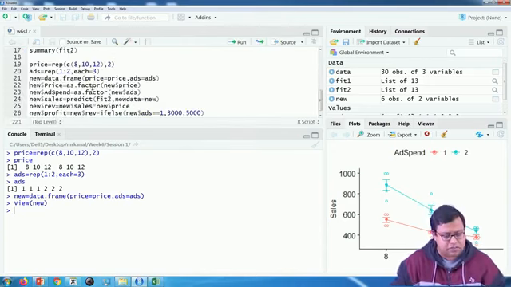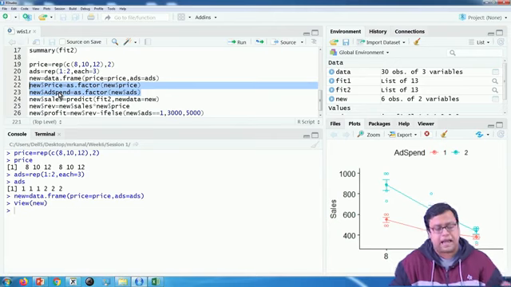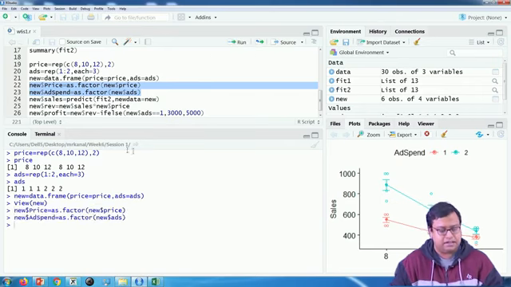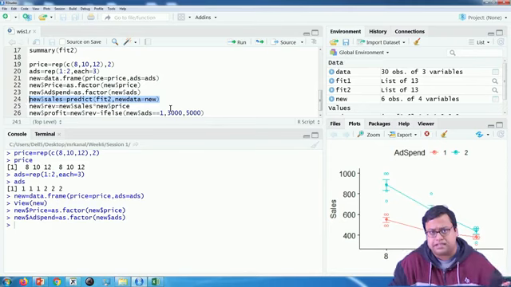Now, based on these combinations, I will change them to their factor form, and the names have to be similar to the model. Price P was capital, and ad spend was a factor variable. So, I created these 2 variables, and based on them, you would see I am using the predict function of lm. In linear regression, there is a predict function to predict using the model.